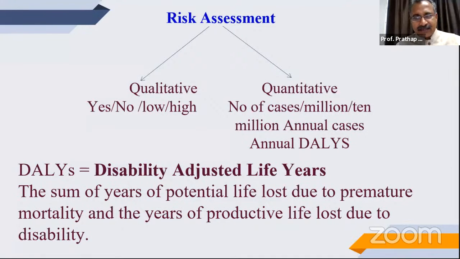When we do this risk assessment, we always keep one thing in mind: disability adjusted life years is taken as the benchmark. That is the sum of the years of potential life lost due to premature mortality and the years of productive life lost due to disability. This is the benchmark for assessing the risk.